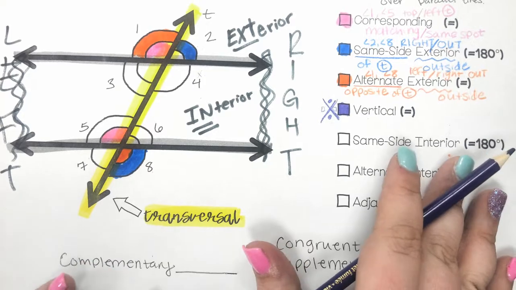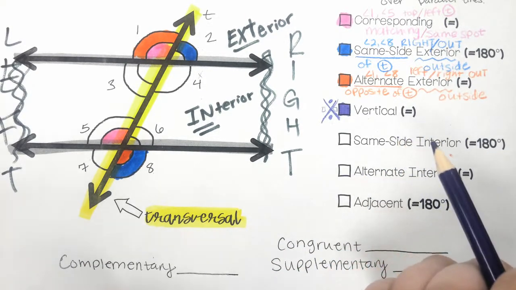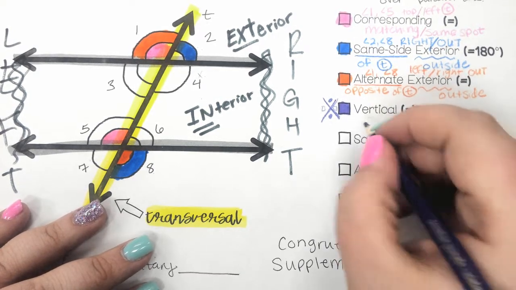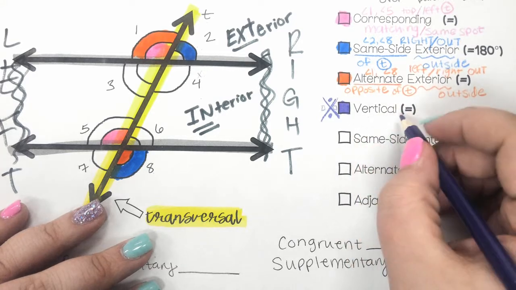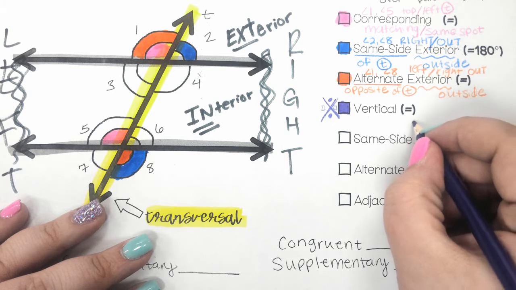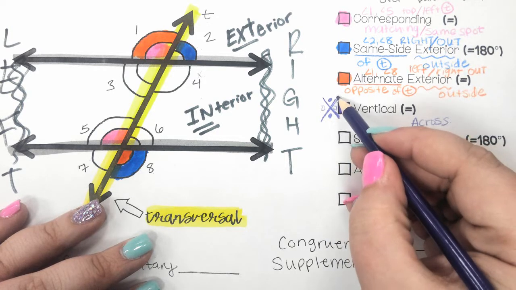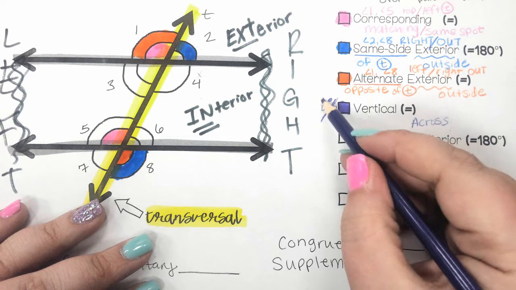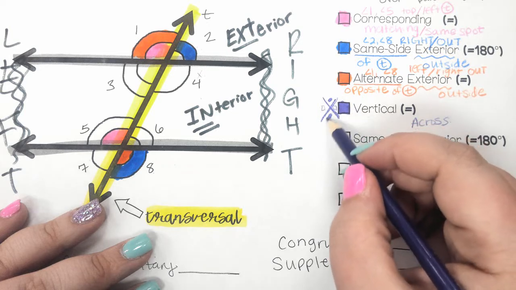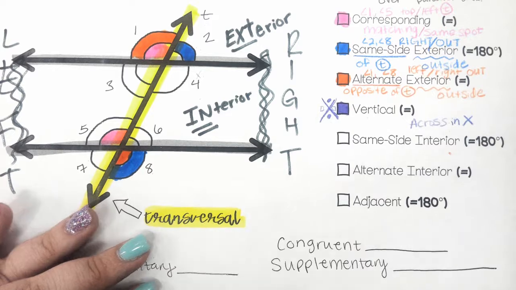So when we're talking with angles, it's easier to define vertical as across instead of vertical, up and down. I'm going to leave some room here, and you'll see why in just a second. I think this diagram tends to help 8th grade students see vertical angles a little bit easier. So we're going to say across in the X pattern.